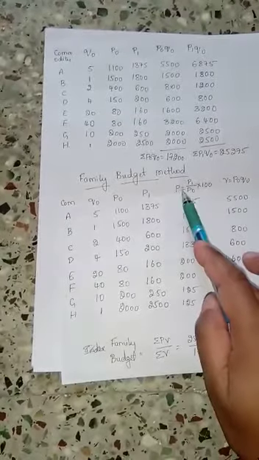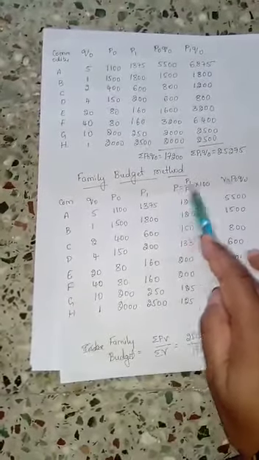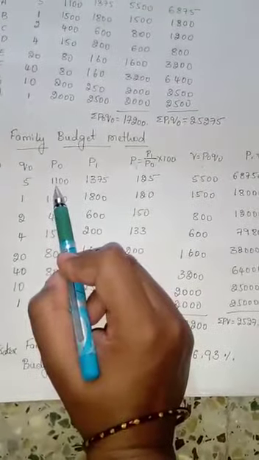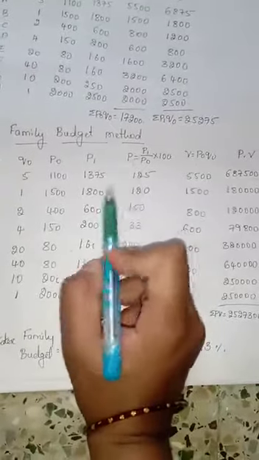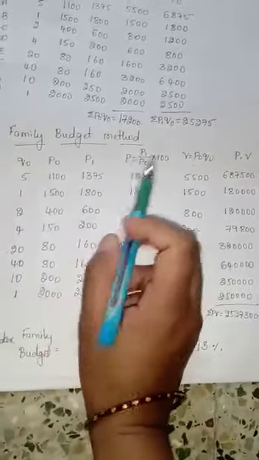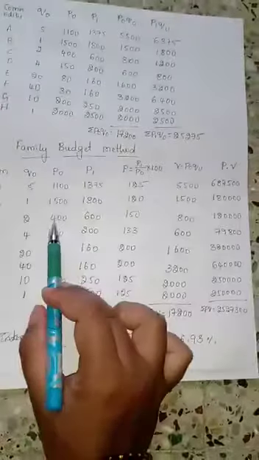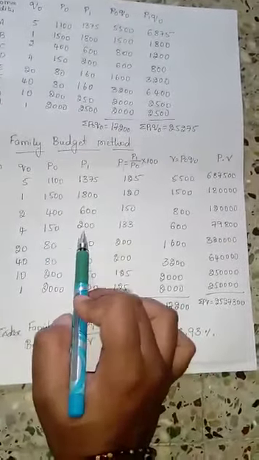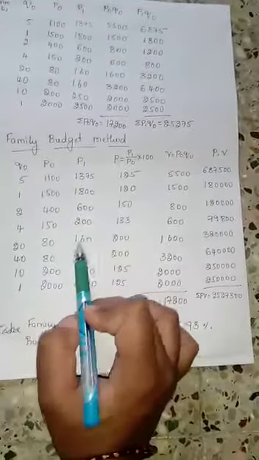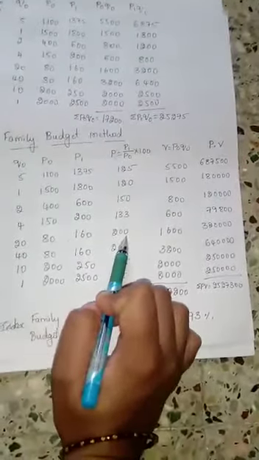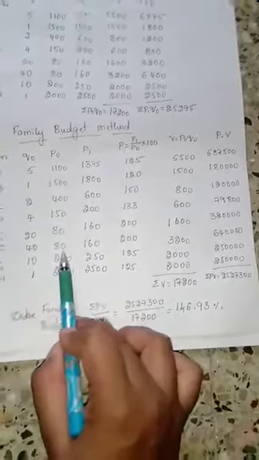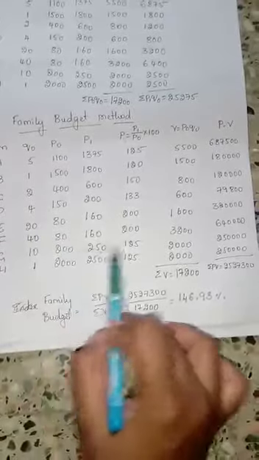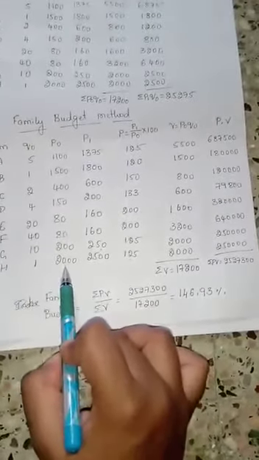PV is the multiplication of P and V. The P values are calculated: 1375 divided by 1100 into 100, 125. 1800 divided by 1500 into 100, 120. 600 divided by 400 into 100, 150. 200 divided by 150 into 100, 133. 160 divided by 80 into 100, 200. 160 divided by 80 into 100, 200. 250 divided by 200, 125. 2500 divided by 2000 into 100 is 125.